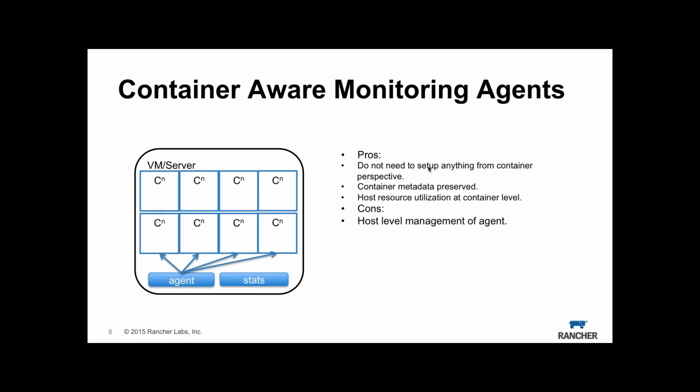At a container-aware level, you've got an agent that actually understands and can correlate the container metadata with the actual consumption at the host level, and give you that view into the containers. What's nice about those is the configuration is typically somewhat passive.